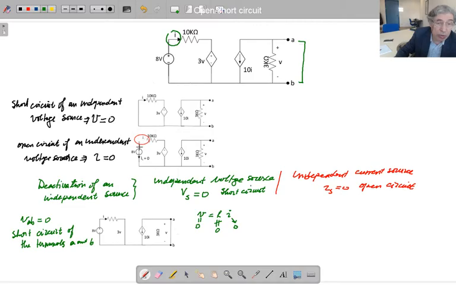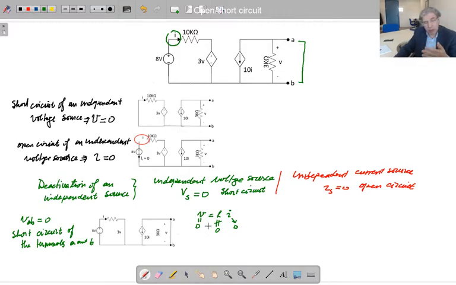When you open one of the wires here, the current is equal to 0, but there could be a voltage. So when the voltage is 0, current is not 0. In here, when the current is 0, voltage is not 0. But if you are talking about a resistor, both the current and voltage become 0. That means the resistor becomes at the same time open circuit and short circuit.